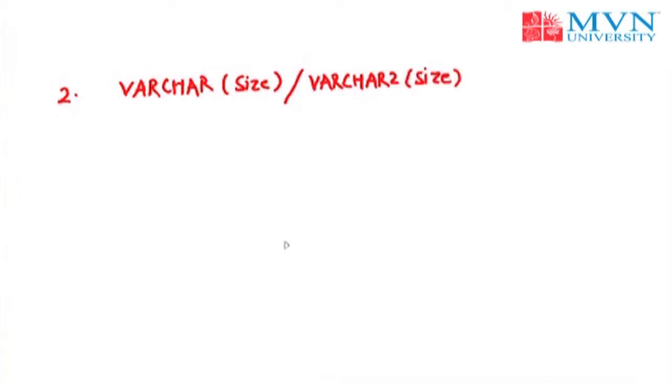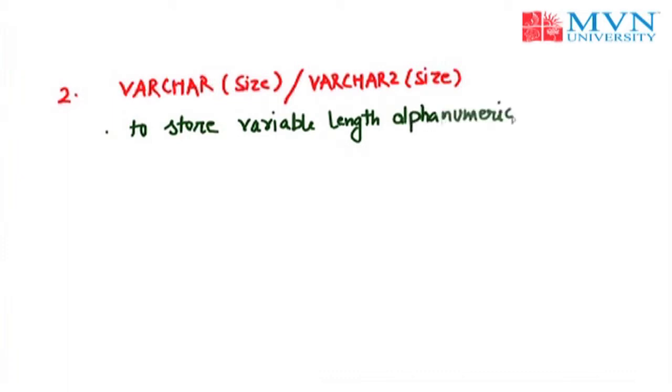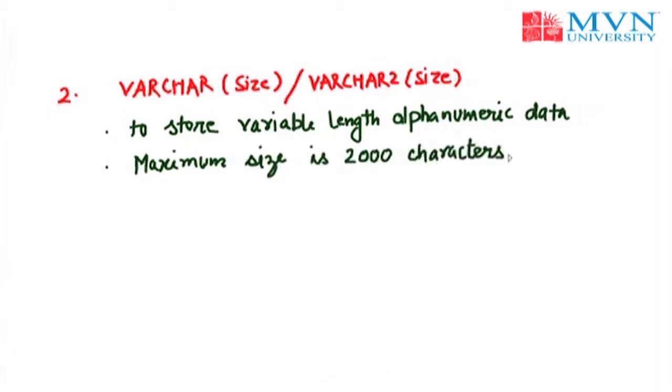Next is VARCHAR(size) or VARCHAR2(size). This data type is used to store variable length alphanumeric data. Its maximum size is 2000 characters. One of the differences between this data type and the CHAR data type, which is the previous data type, is that the values of VARCHAR are non-padded.